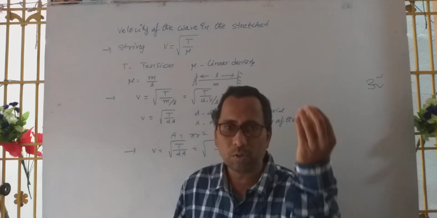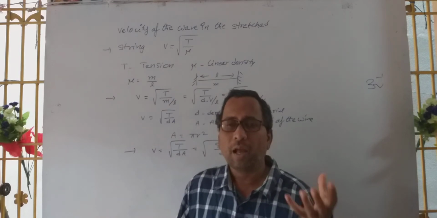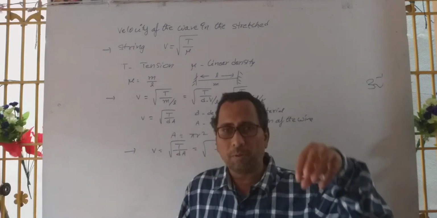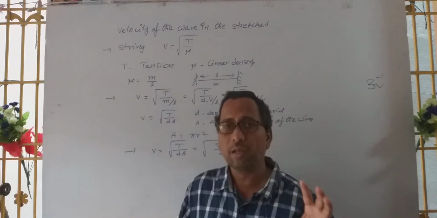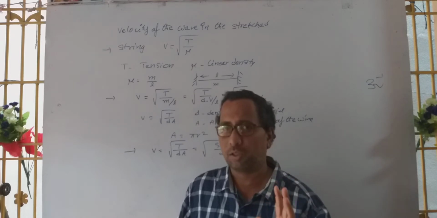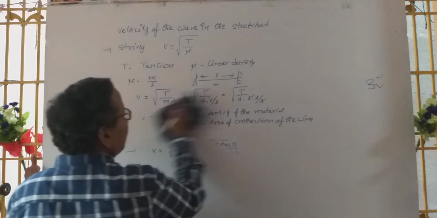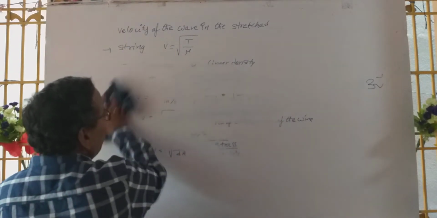Suppose a wire is suspended and a weight, a block, is connected to the end of the wire. The block is kept immersed in the liquid. Here we have to discuss some concepts.